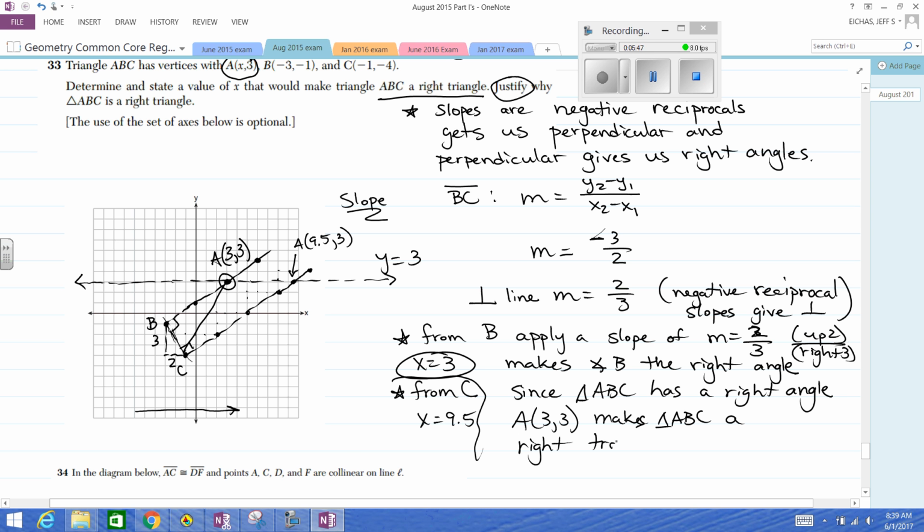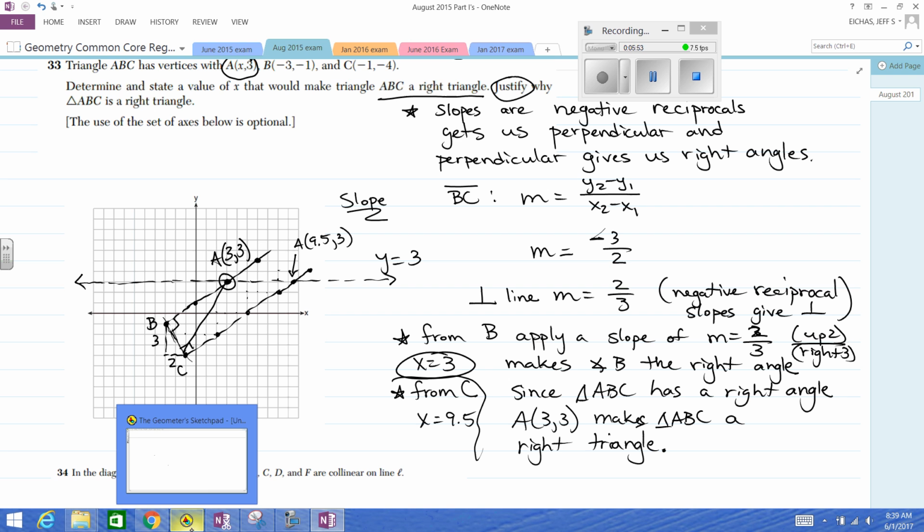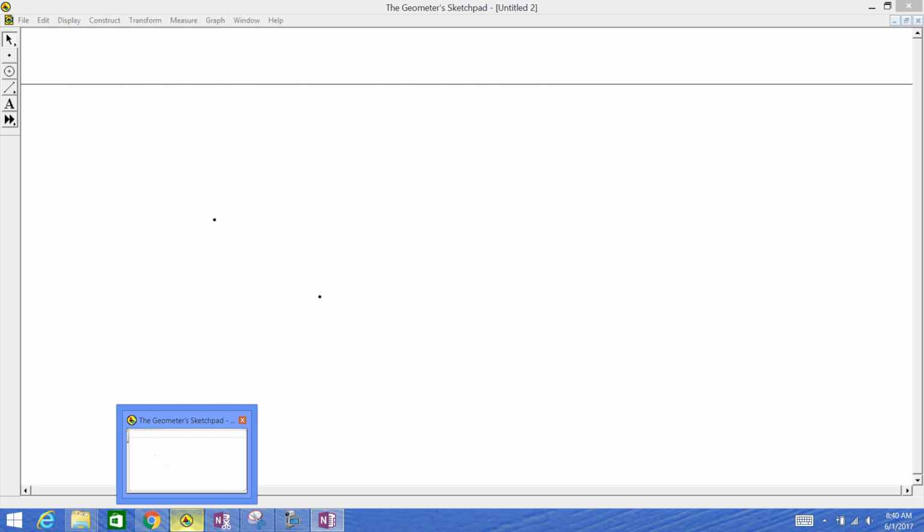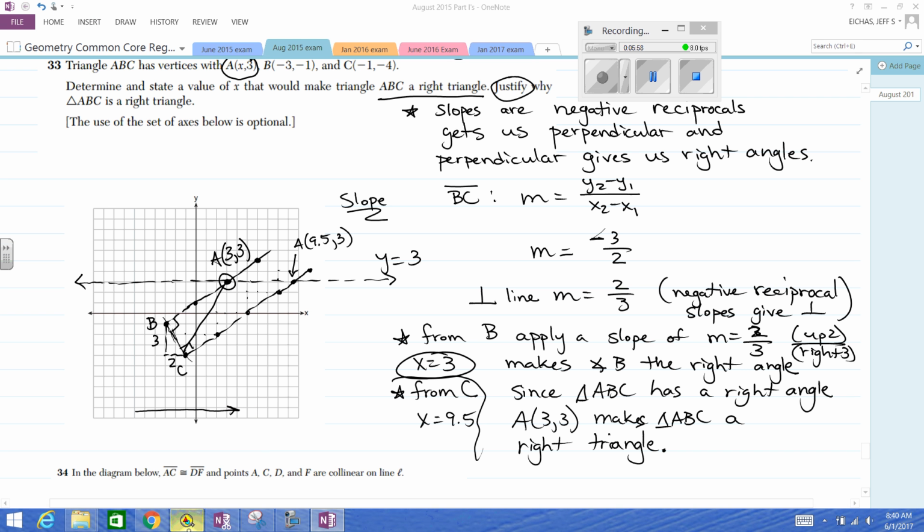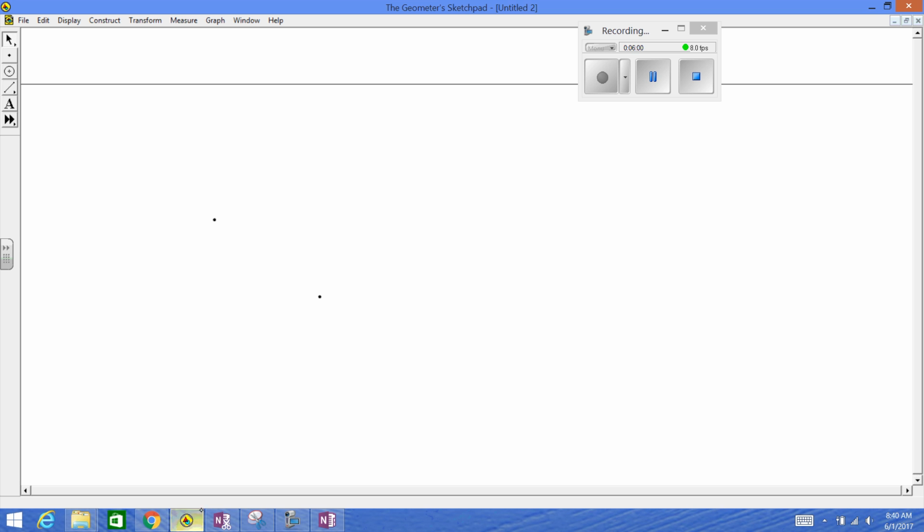All right, now we finished that problem, but I do want to show you something important over here. When we go over to Geometer's Sketchpad, I created that same type of problem. It's not liking this for some reason. Let's say we slide it up to there. Maybe not.